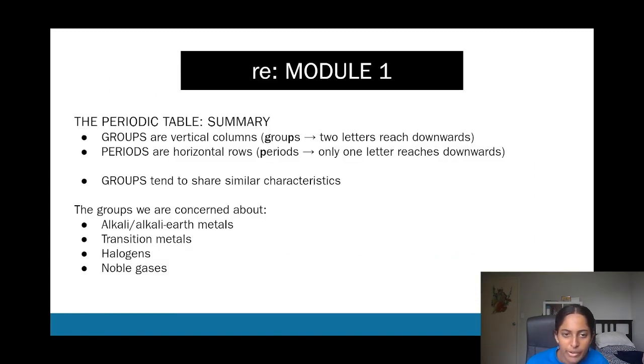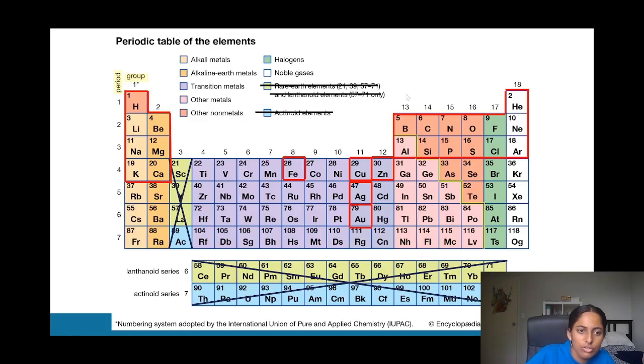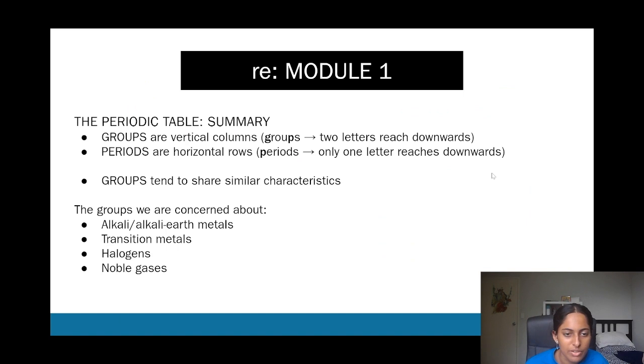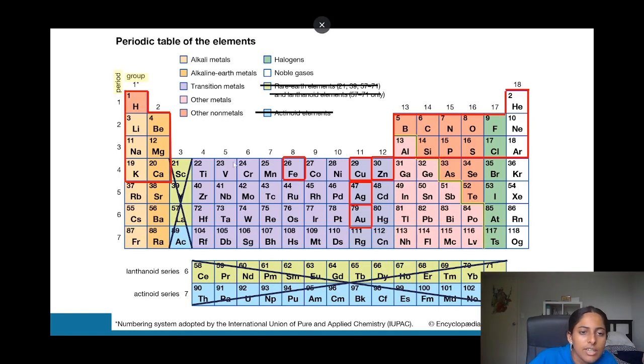Overall, in terms of the periodic table, groups are the vertical columns, and periods are the horizontal rows that you see over here. Groups tend to have similar characteristics. Periods don't, sorry. Groups tend to be characterized by their charges. So these have a +1 charge.